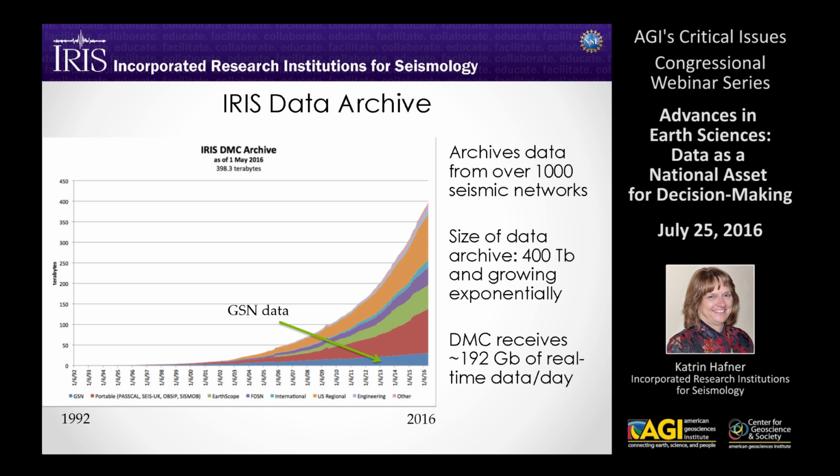If you look at the blue area that represents the GSN data archived over 20 years, it's a small amount in proportion to the total archive. However, it is one of the most requested data sets because of the quality of the data.